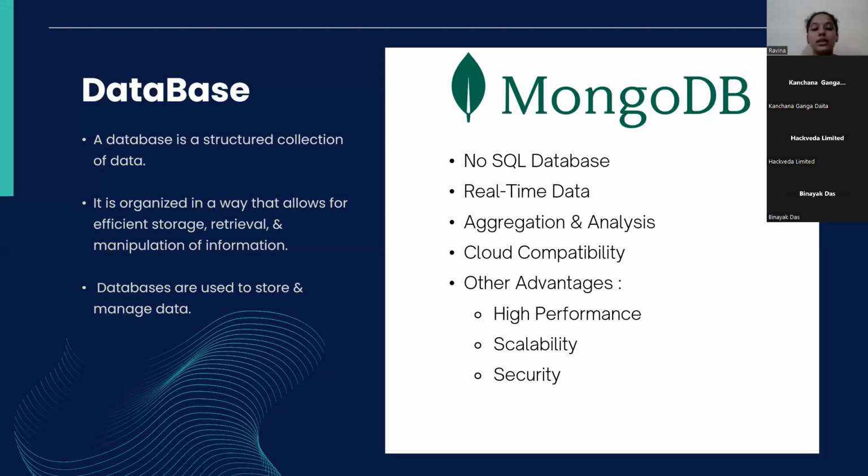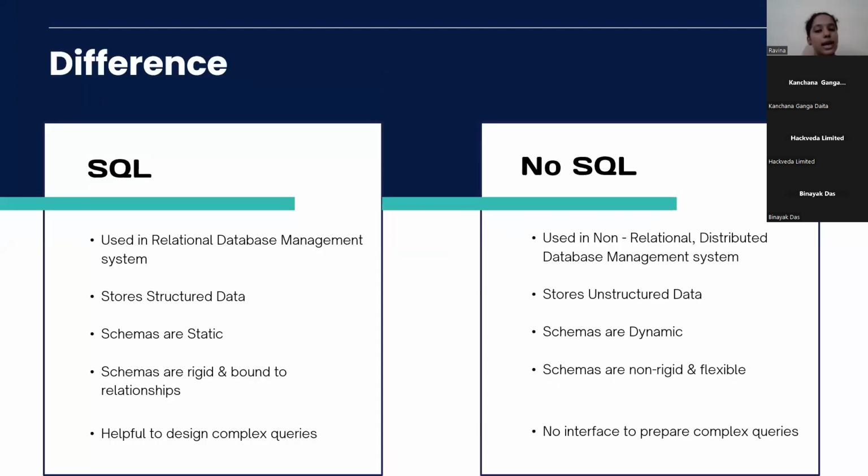A database is a structured collection of data where we can store data in such a way that we can easily add, delete, manipulate, and retrieve data. In our case, we are using MongoDB, which is known as a NoSQL database. Before going into the next point, let me clarify why it is used as a NoSQL database, the difference between SQL and NoSQL databases.